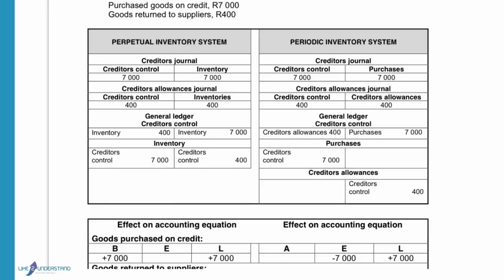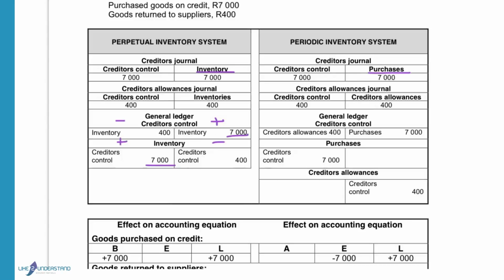In the creditors journal, you will have a column for inventory, and in the periodic system, you will have a column for purchases. In perpetual, you will credit your creditors control to increase your liabilities on the credit side with 7,000. You will debit your inventory to increase the assets on the debit side with 7,000.